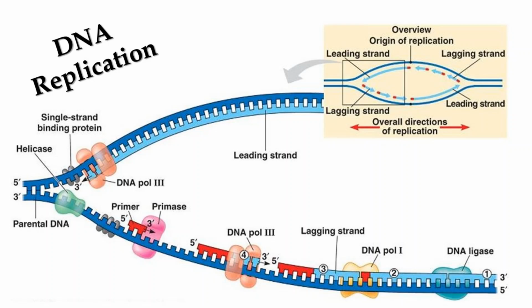Now, on the lagging strand, ideally what happens is that the replication fork is in the opposite direction to the parental strand. So in this case, small segments are created for the replication to take place.